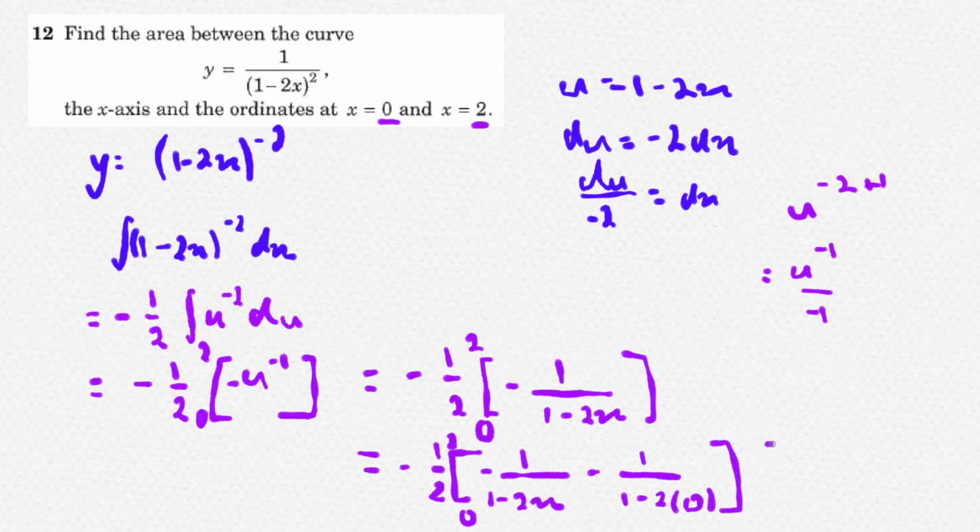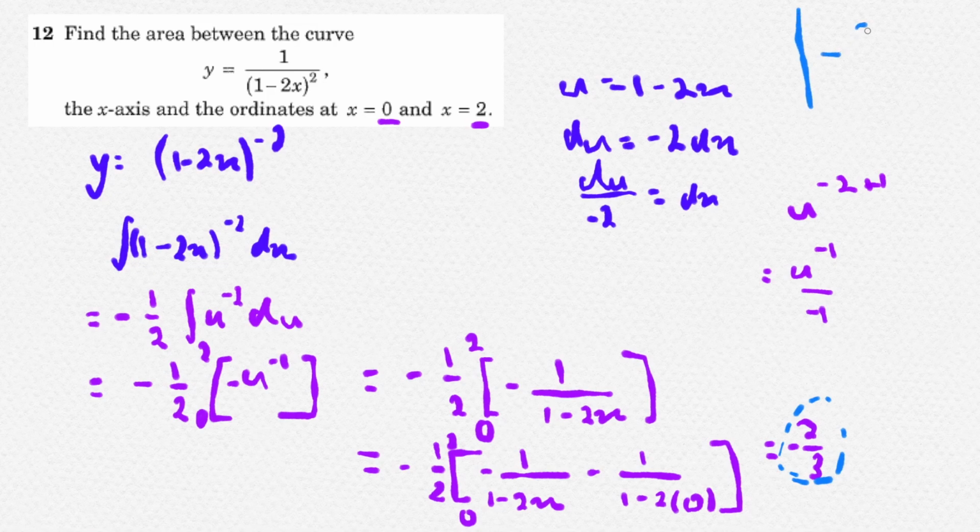So you can either put this into your calculator or calculate this in your head. You should get a final answer of negative 2 over 3. For these types of questions, you must always take the absolute value of the answer you get.